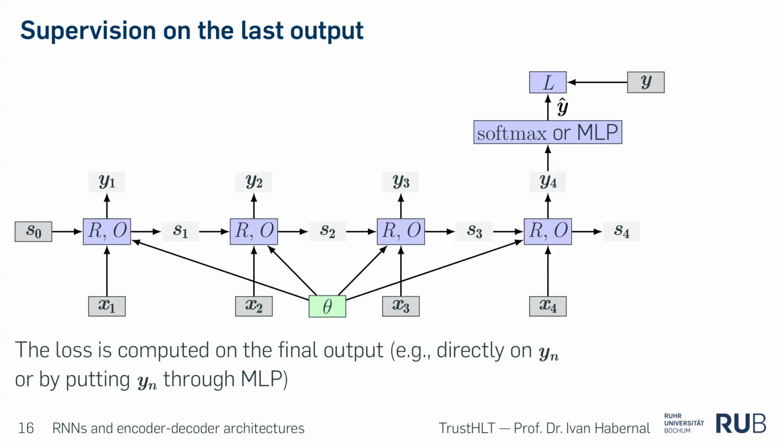In the last output here, we have some sort of vector representation of the whole sequence, because all the previous states are integrated somehow or crammed into this one vector. And if you put a softmax or sigmoid or multi-layer perceptron on that, we get some output y hat. So output y hat could be a probability distribution or just a single number, which is typically also a probability.